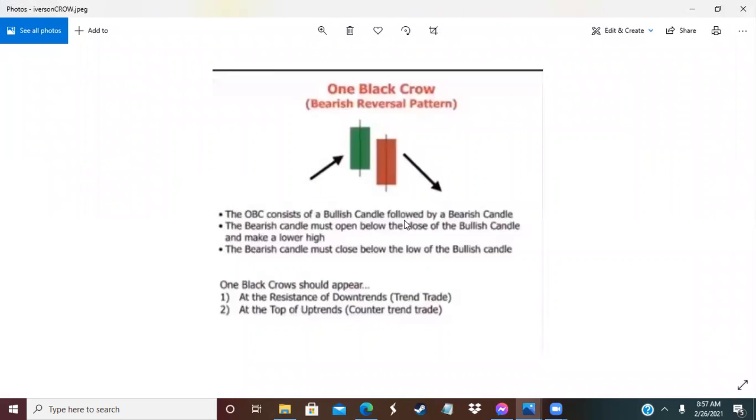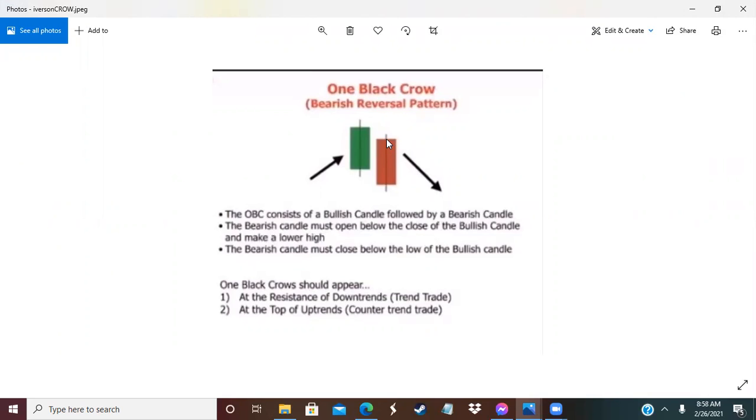All right. So the one black crow consists of a bullish candle followed by a bearish candle. Now the bearish candle has got to open below the close of the bullish candle. So you spot this red candle. Now, let's say this as well.